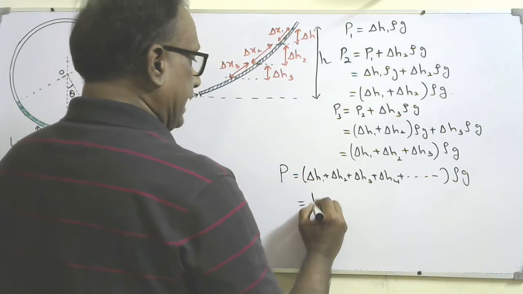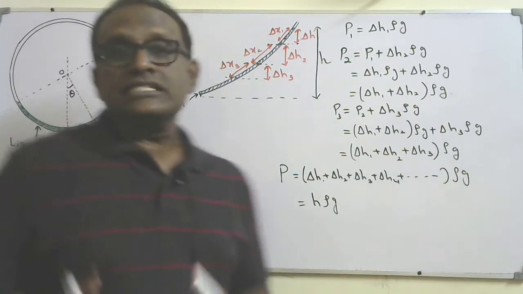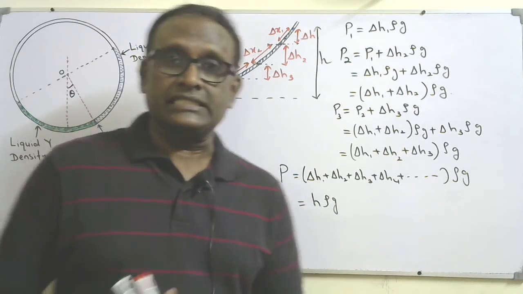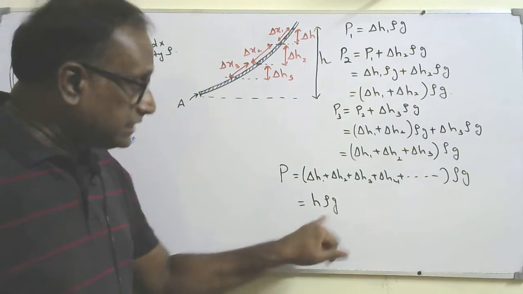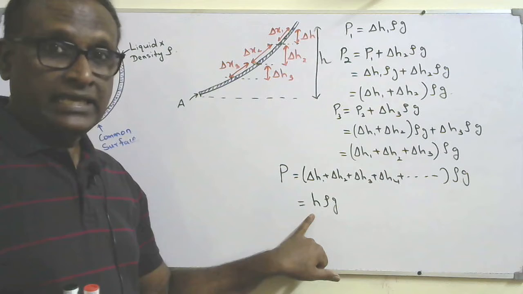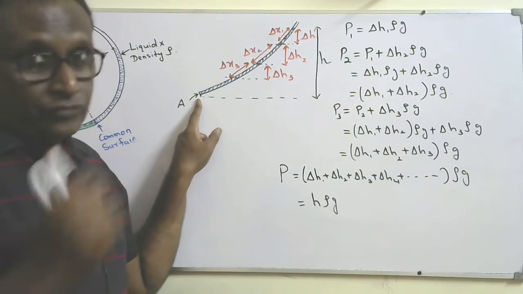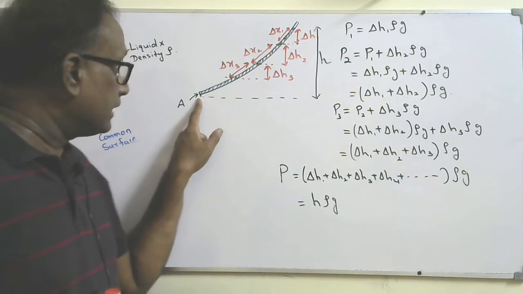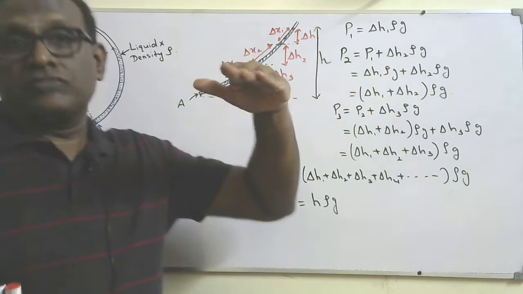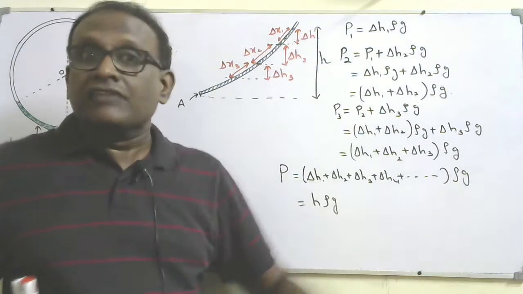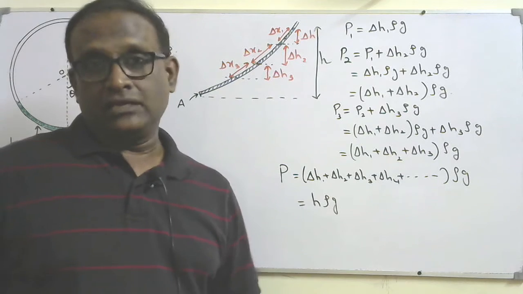So that will be H rho G. That's the way we find it. The liquid pressure inside a curved tube is also given by H rho G, where H is the vertical height from the bottom surface where we are finding the liquid pressure to the top surface of the liquid level, vertical height times density times g.